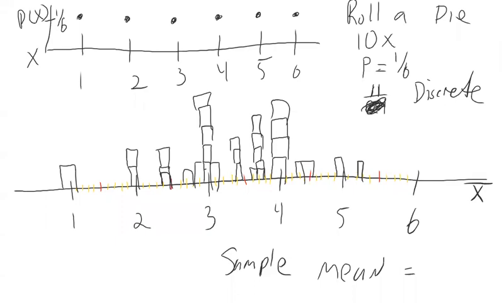What does my bottom graph start to look like? Bar graph. Histogram. It is a histogram, but a bell-shaped curve. It's starting to take on a bell shape, right?